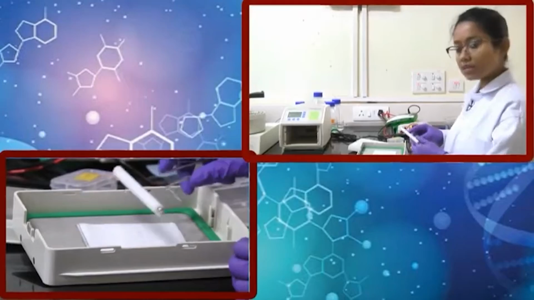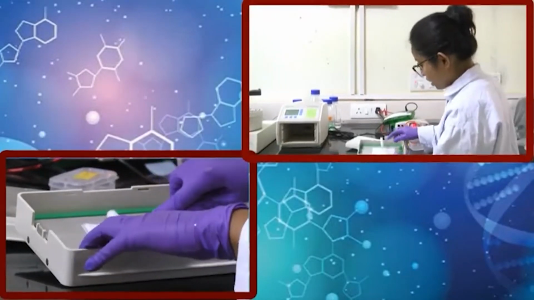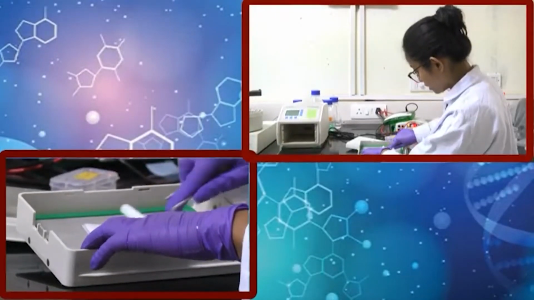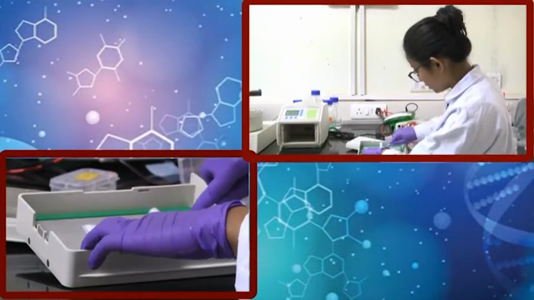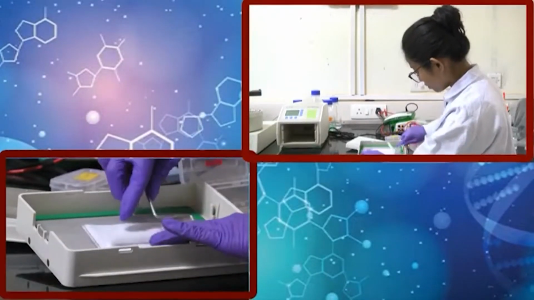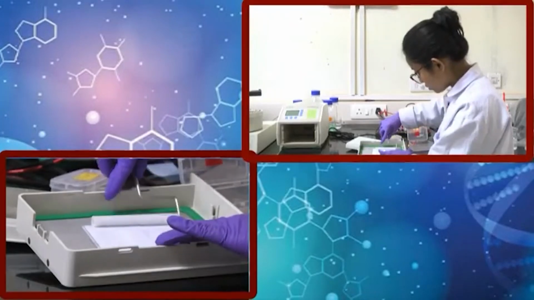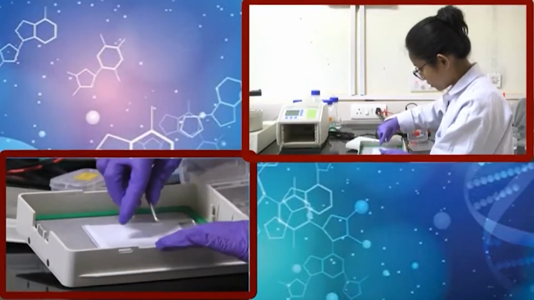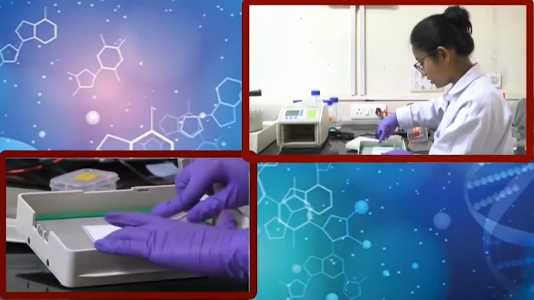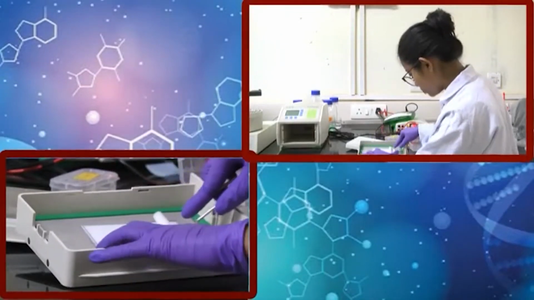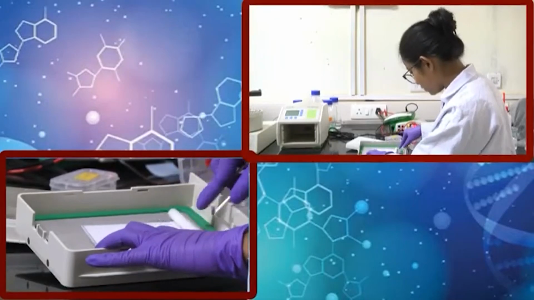If there is any bubble at that position, the transfer will be hampered. With the roller pin we will just roll out any bubble. There should not be any bubble. If there is a bubble at that particular site, you will see a spot and the transfer will not happen there.